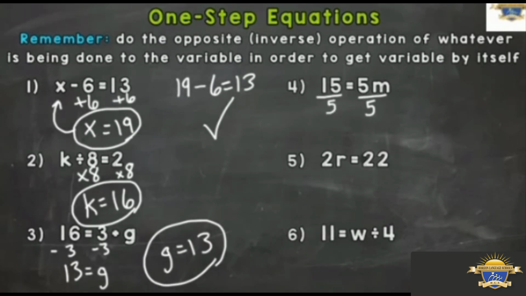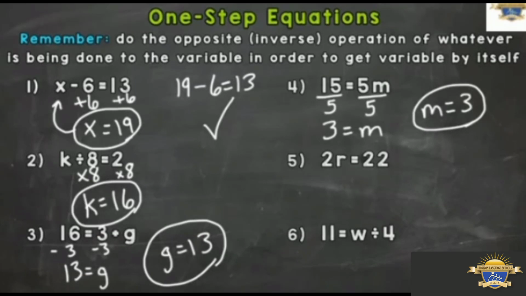I wrote it in fractional form, and that means dividing by 5. So do it to both sides, so we have m by itself. 15 divided by 5 gives us 3, so m equals 3. Check it. Does 5 times 3 equal 15? Yes, so we are right.